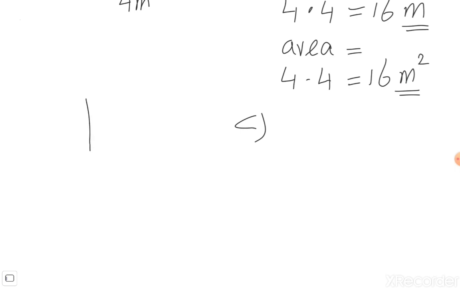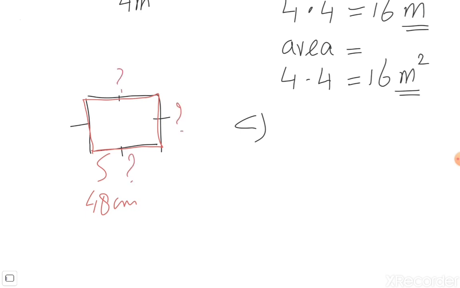And the properties of a square is that all the length needs to be equal. The perimeter, so around the square, was 48 centimeters. So the question is, what is the length from each side of the square?